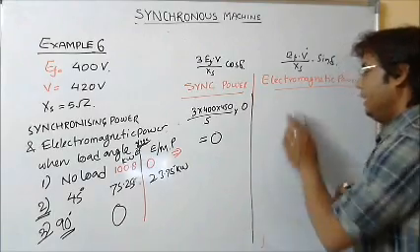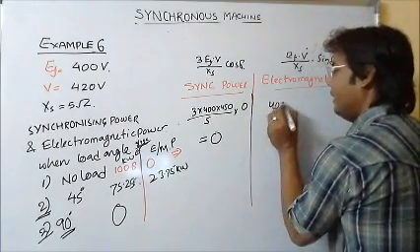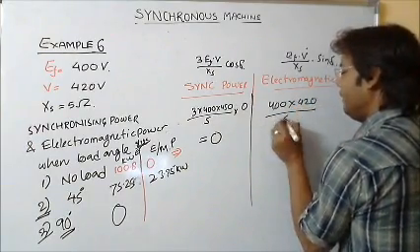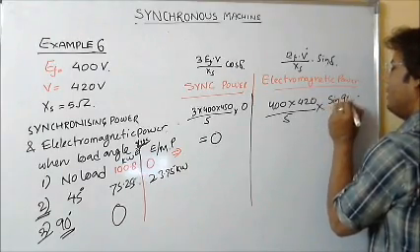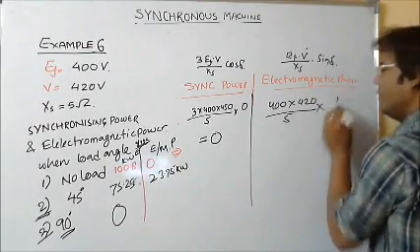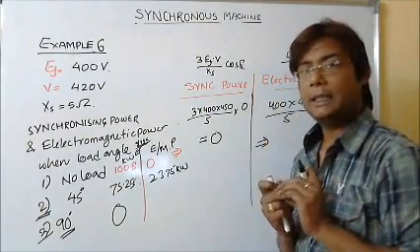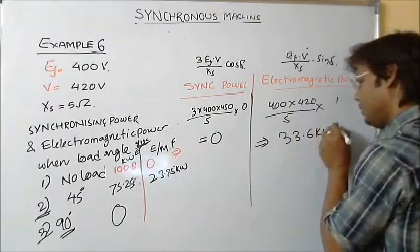And coming to the electromagnetic power, we get 400 into 420 divided by 5 into sin 90, which is 1, which equals 33.6 kilowatts.